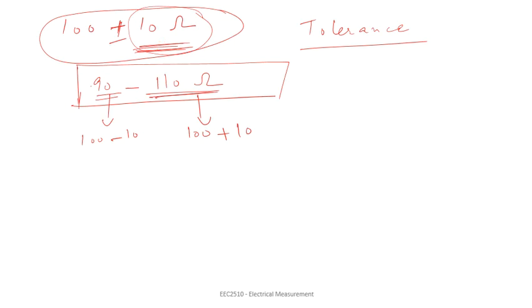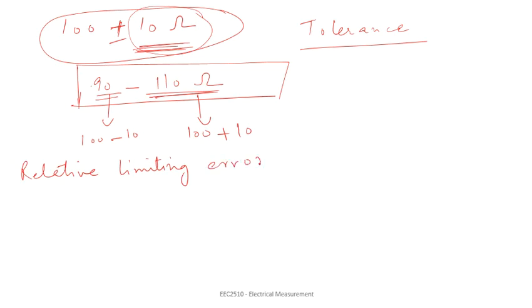Let us suppose for this example, 100 plus minus 10 ohm, we have to express this absolute limiting error, that is 10 ohm, in percentage form. You can first calculate the relative limiting error for it.